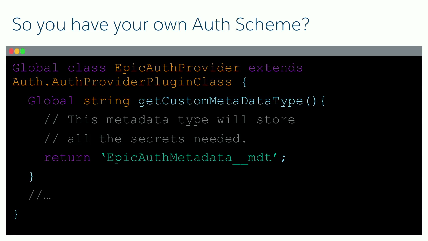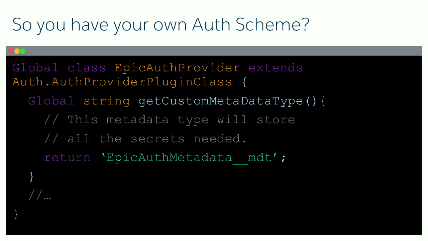What they actually look like is similar to this. So here we've got an Epic auth provider class, and we're going to extend that one class. Now we're going to turn around and say getCustomMetadataType, and we're going to return just a string of a metadata type. When you use the custom auth provider, it backs all of your data with a custom metadata type, so that if you sign up and I sign up and it's actually configured to be per user, it has a per-user place to store this information.